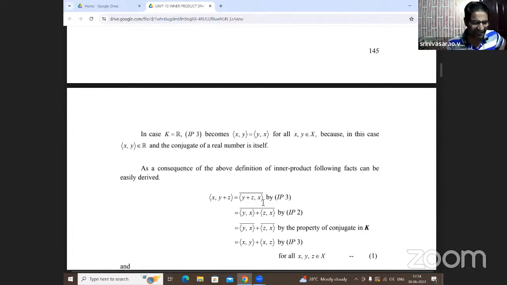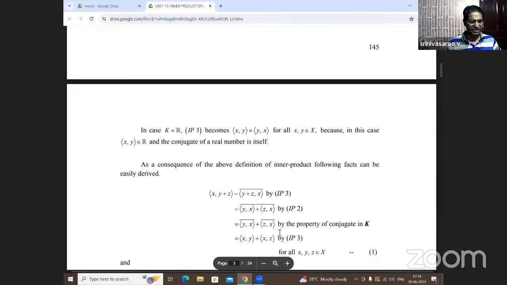That is the conjugate of y and x plus z and x. The conjugate also distributes over vector addition: the conjugate of y1 plus y2 is the conjugate of y1 plus the conjugate of y2. By conjugate symmetry IP3, this value is the inner product of x and y, and this value is the inner product of x and z.